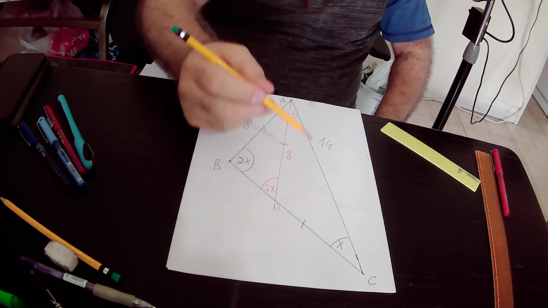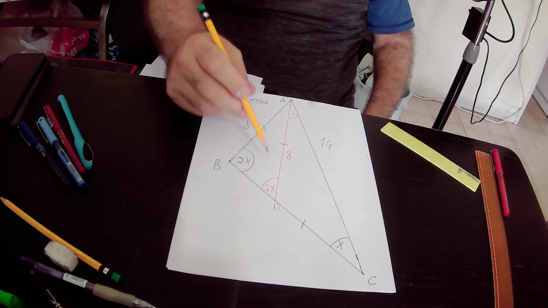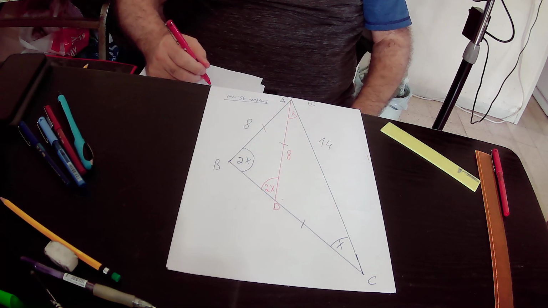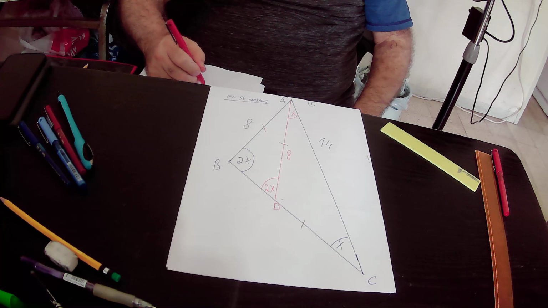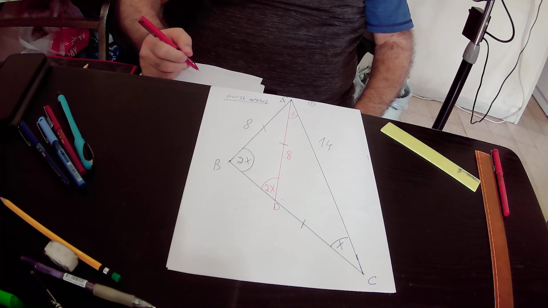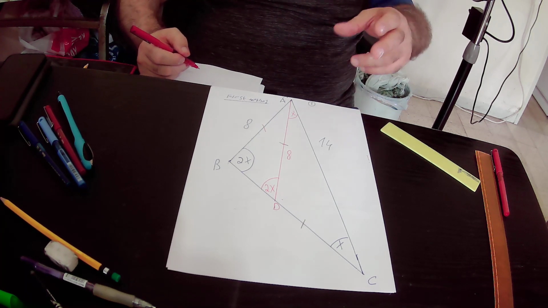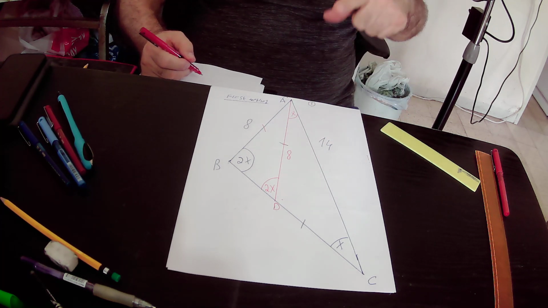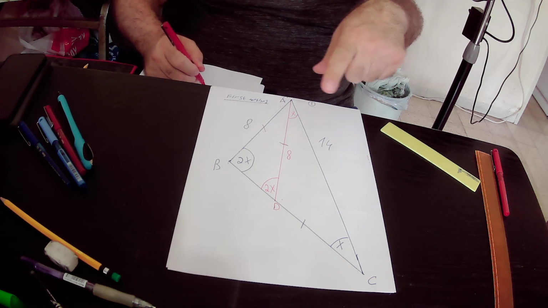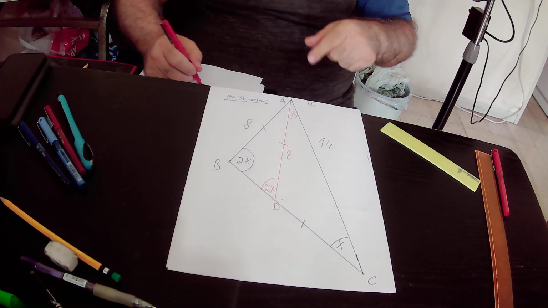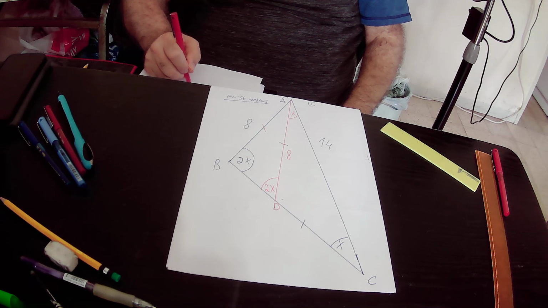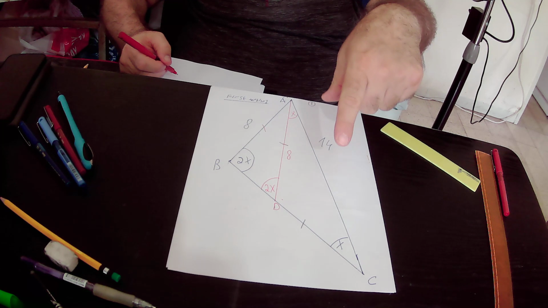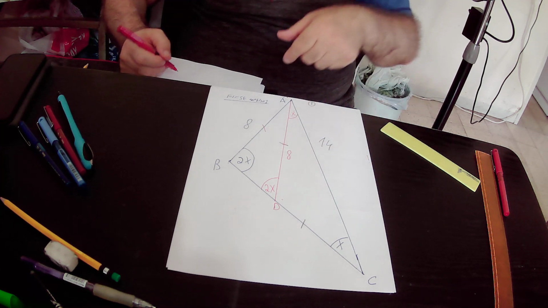According to rule number 1, AD equals DC, because in front of equal angles we have equal sides.